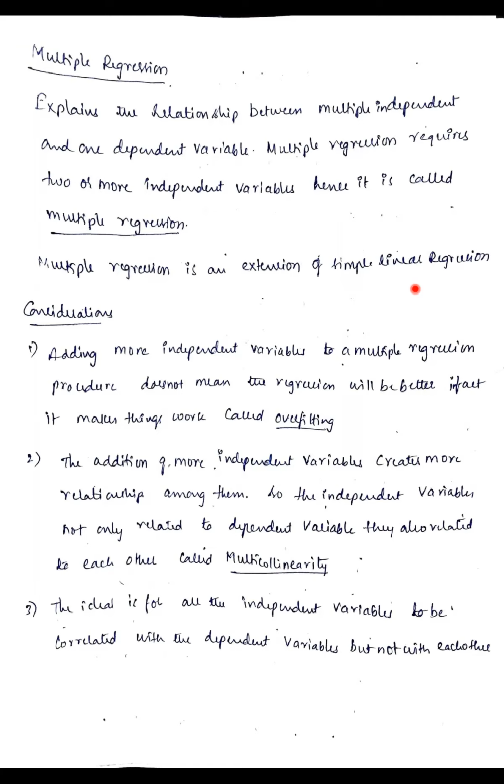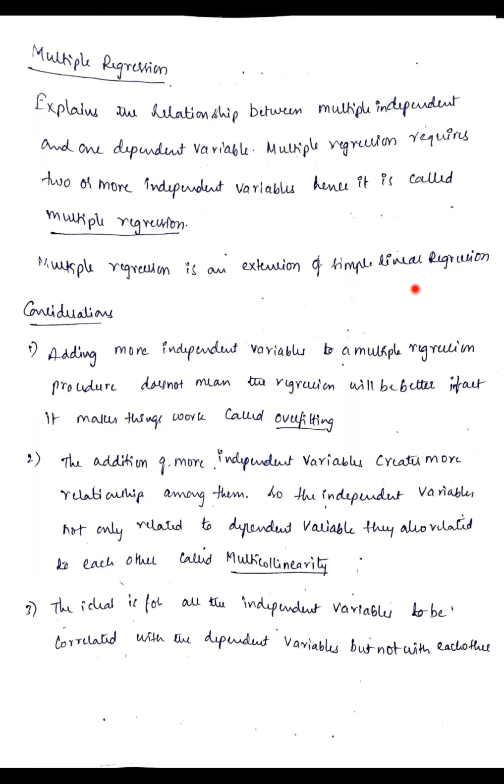The first one is that adding more independent variables to a multiple regression procedure does not mean the regression will be better. Clear? If we explain the relationship between one dependent and many independent variables, it doesn't mean the regression will be better; in fact it makes things worse.